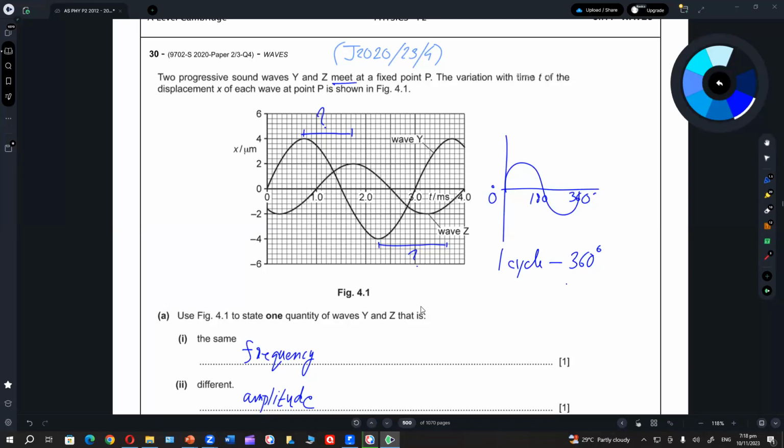So I can measure tip to tip, and you can tell me. If I'm taking wave Y, the bigger wave has 360 degree in 1, 2, 3, 4, 5. You can count the divisions.